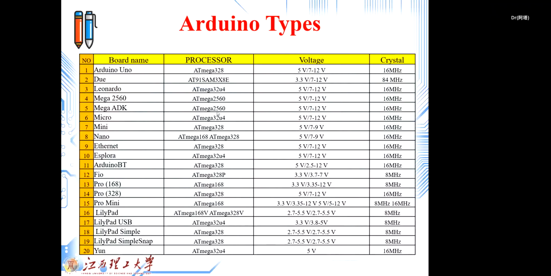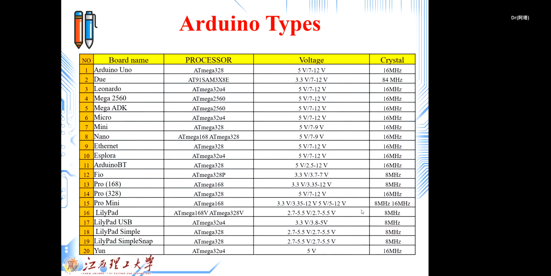Suppose for the Mega, they use the 2560. The Mega ADK also uses the same processor. For the Yun, suppose they use the ATmega32U4, which they use in the Leonardo.